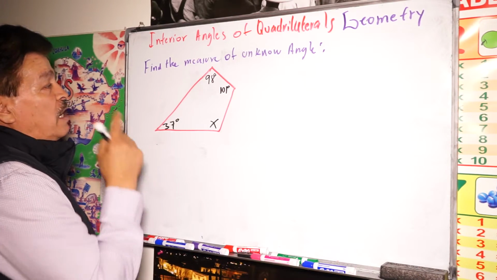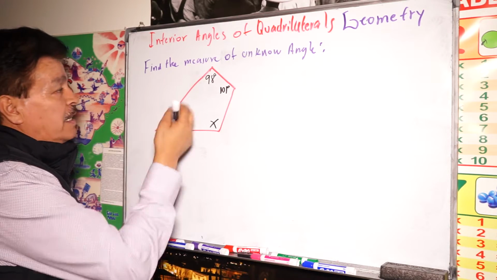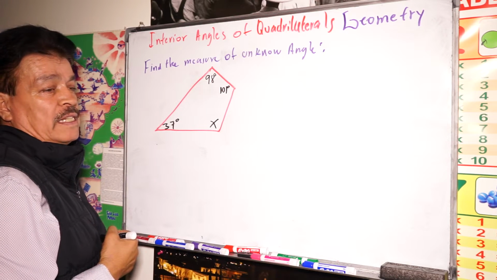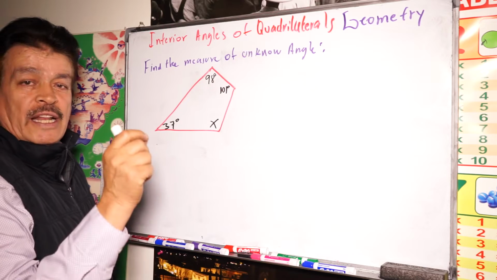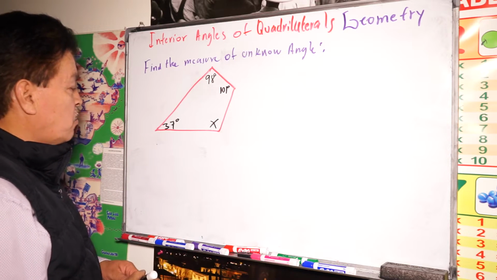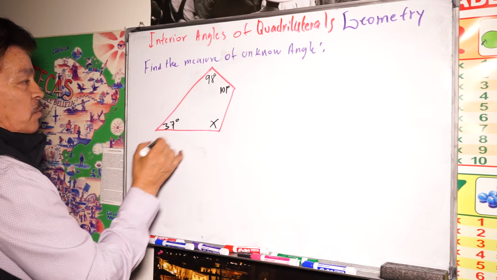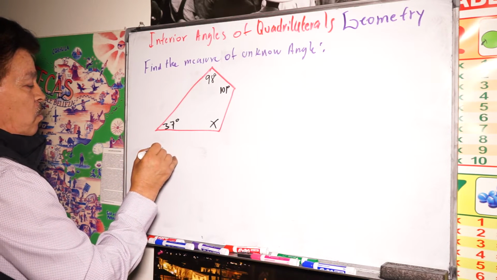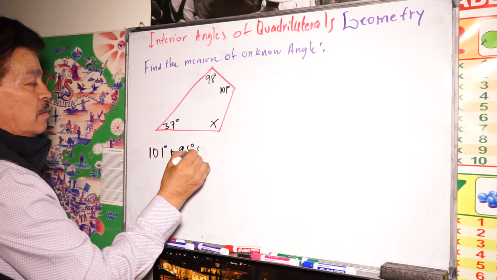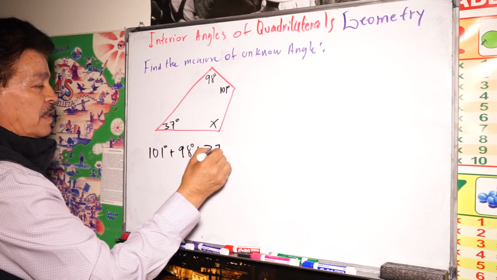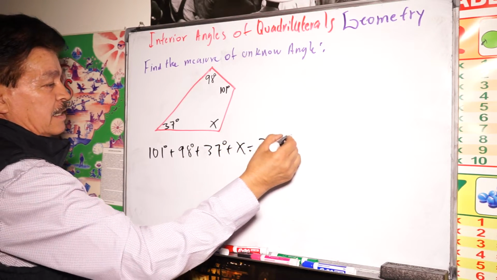The angles that we know right now are 37 degrees, 98 degrees, and 101 degrees. So we have to find the measure of the unknown angle just using a little equation. Let's write 101 degrees plus 98 degrees plus 37 degrees plus x equals 360 degrees.